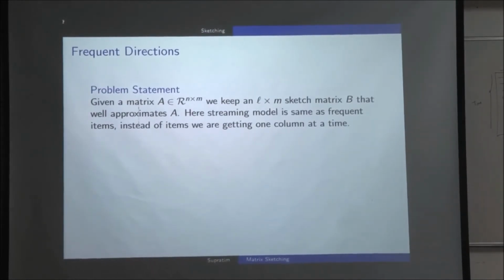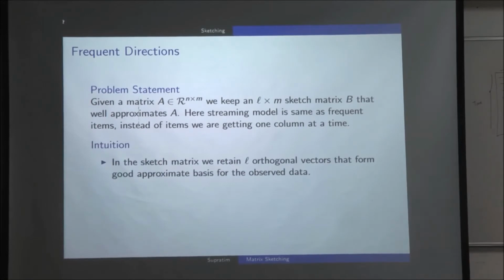So now, keeping that in mind, let's look at the matrix sketching problem. Here we are given a streaming matrix of dimension n cross m, and we want to keep a sketch matrix of dimension L cross m. The streaming model is the same as we had earlier, and here we are getting one column at a time.